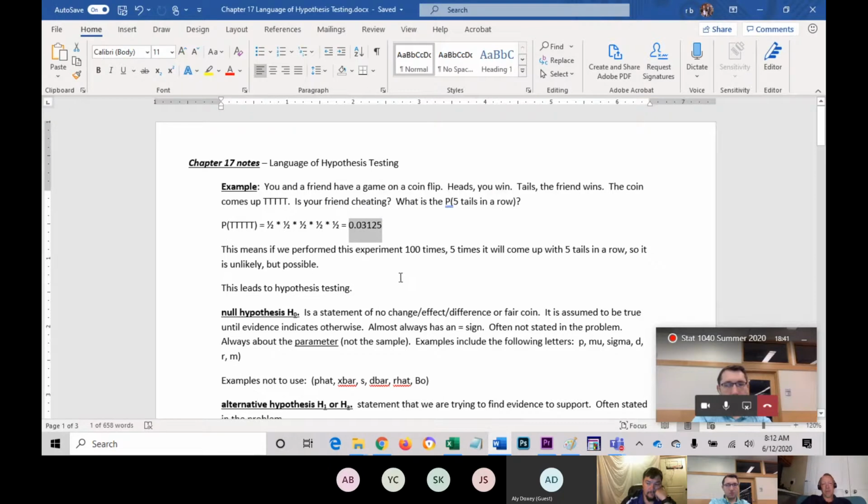Now, if we perform this 100 times, it will happen about 3 out of 100 times that you will get 5 tails in a row. Okay? So if you did this 100 times, you might feel pretty good about saying, hey, you're cheating me.